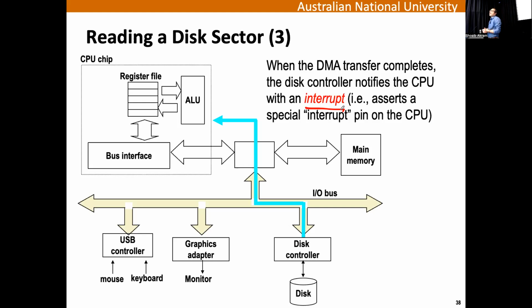This is not a direct access. This is an indirect access through DMA. The CPU is doing something else, and the data arrives from disk to memory. There is no direct path between the CPU and the disk here.